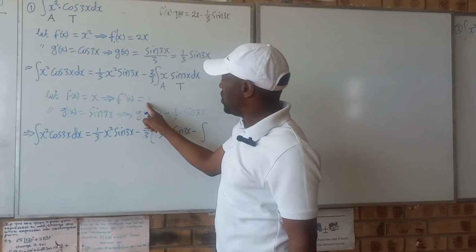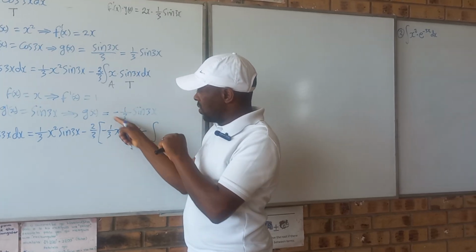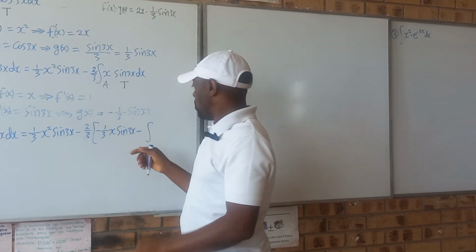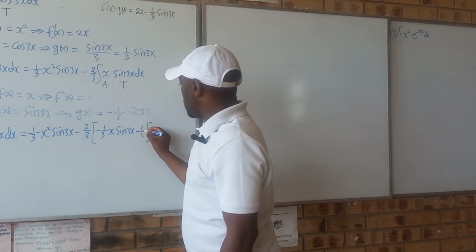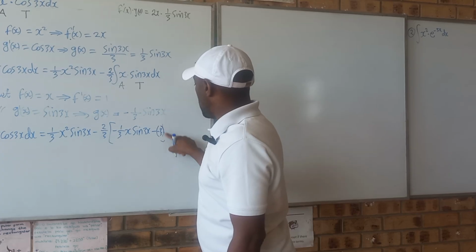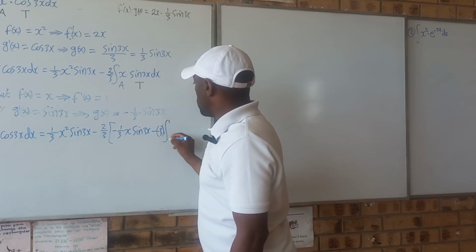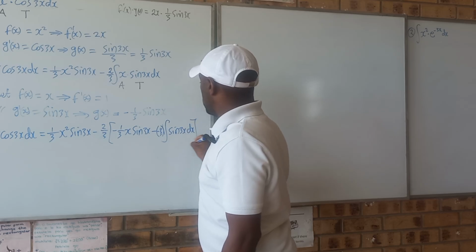My f prime is 1, my g is negative 1/3 sine 3x. If I multiply the two, the constant will be negative 1/3, which I've put outside. So I'm only left with sine 3x dx to integrate.